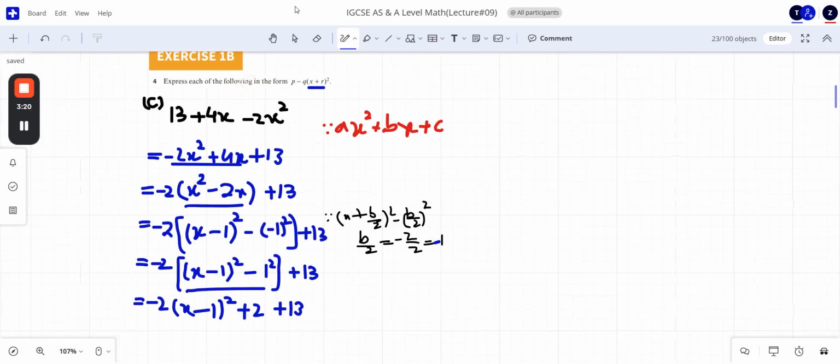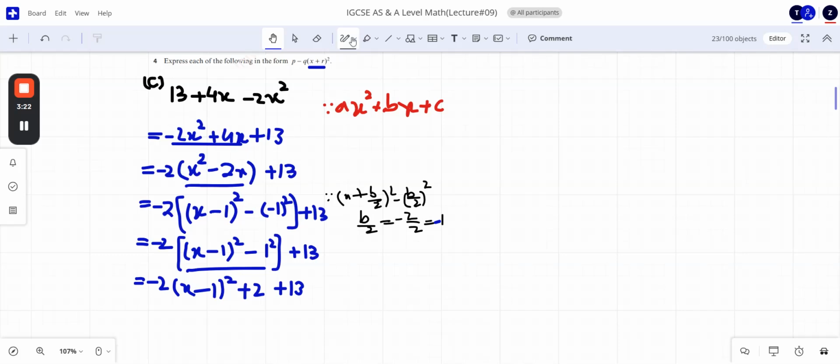Now we will simply add the constant values there. So minus 2 and the completing square we will keep the same. 13 plus 2, it becomes 15. Then for our required form we should write down the constant value first. So we will make the same form.